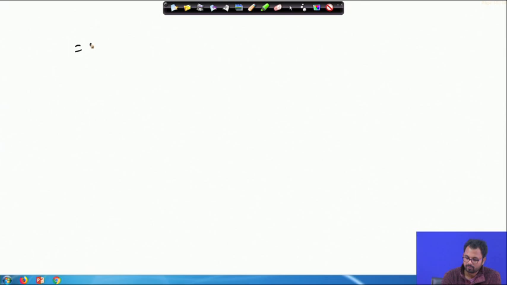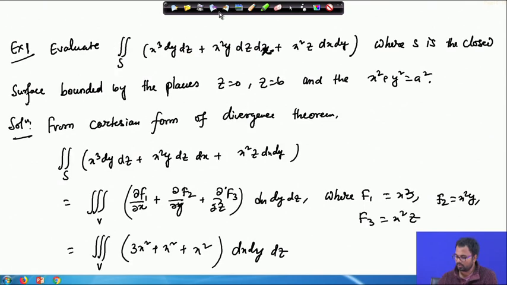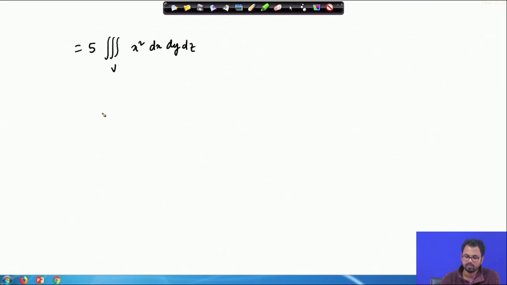So, this will be 5 times the volume integral of x square dx dy dz. This Cartesian form of Gauss divergence theorem has reduced the integrand to a fairly simple integrand, which is basically 5 x square dx dy dz.